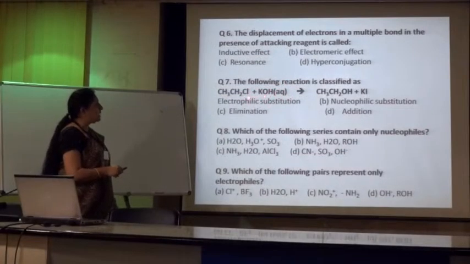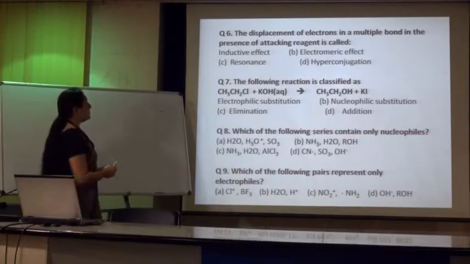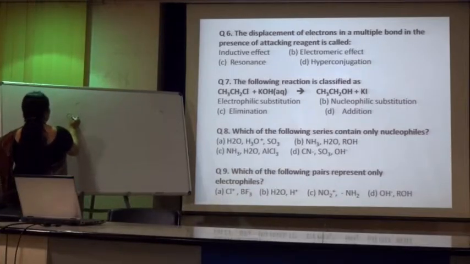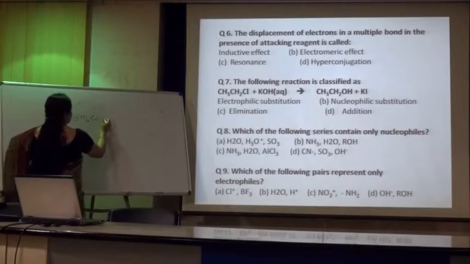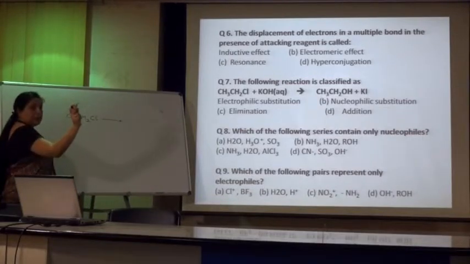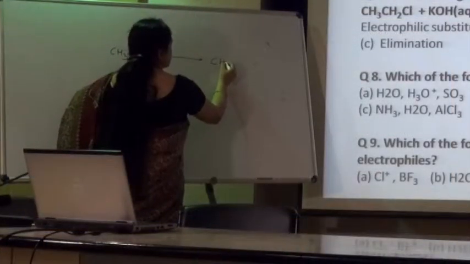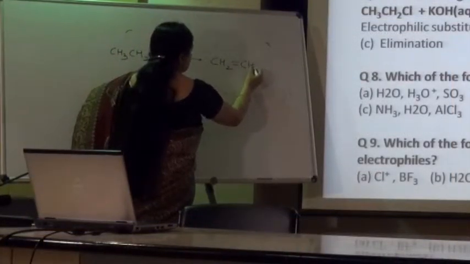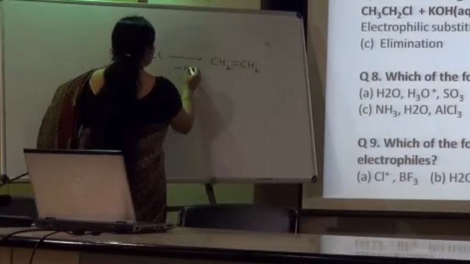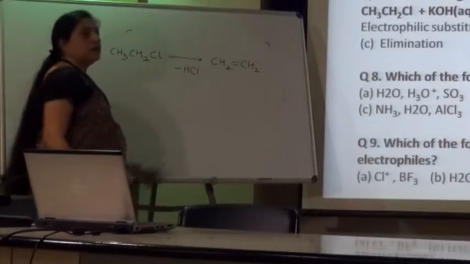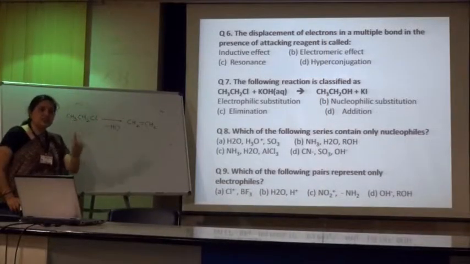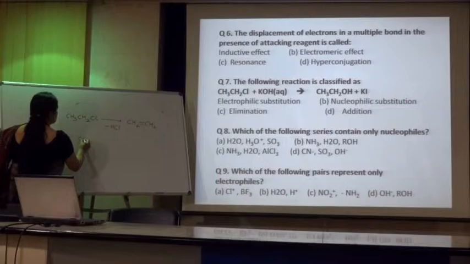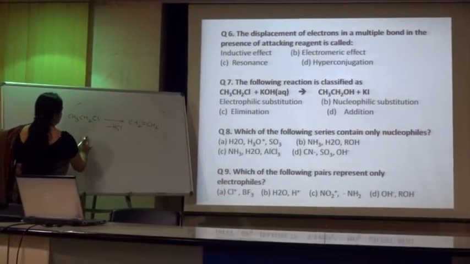If it had been an elimination reaction, using strong alcoholic KOH as the base, then when it undergoes elimination you will get CH2 double bond CH2, and minus HCl would be eliminated. Is it clear? If it is an elimination reaction, then see how we write this is C.